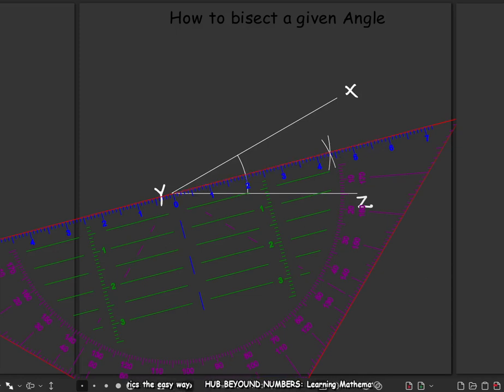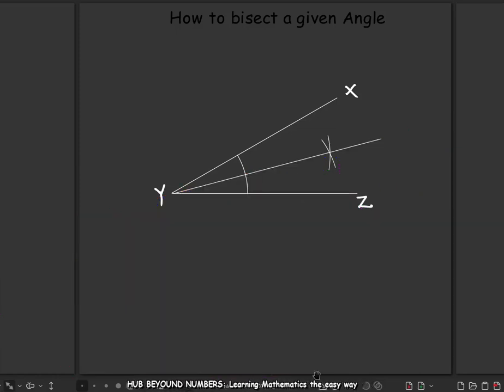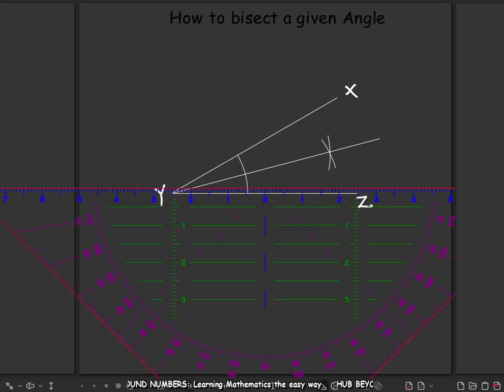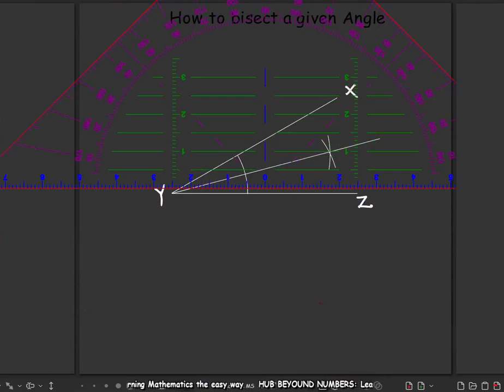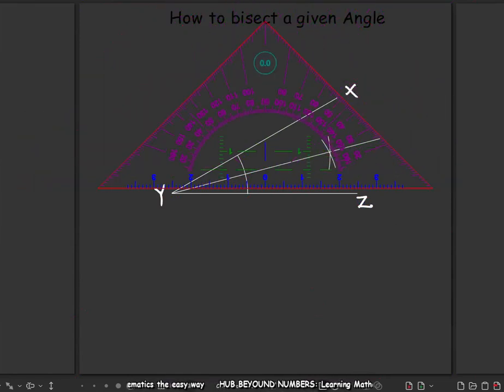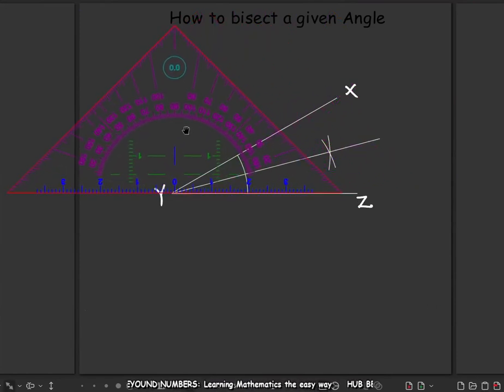And we can say that we have bisected our angle. Now, you realize that these two angles you have drawn will be of the same measure. As I said, bisection simply means you have divided it into what? Two equal parts.